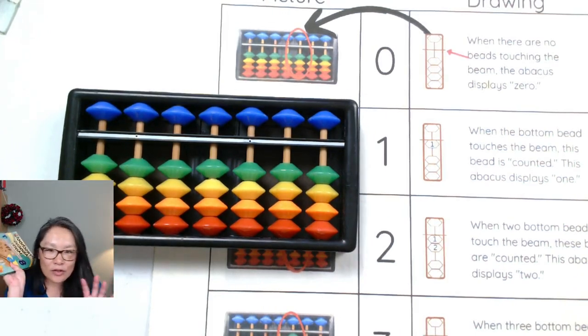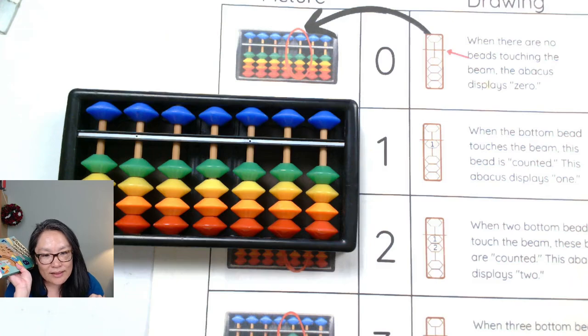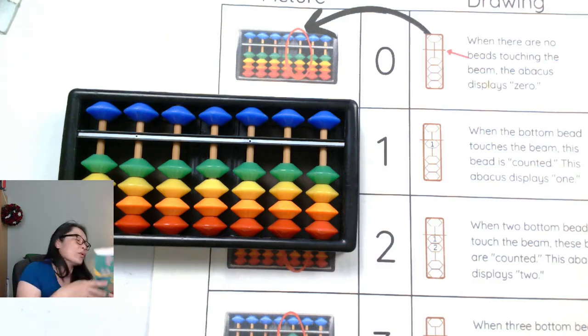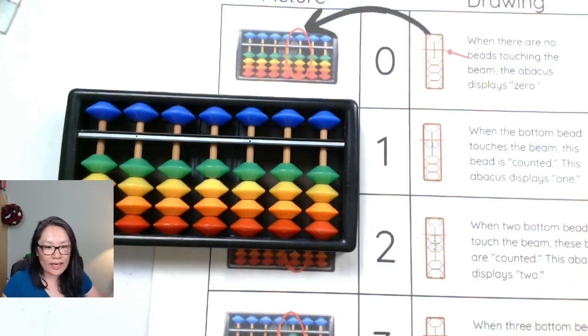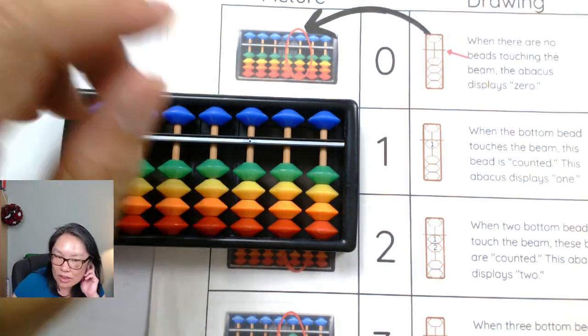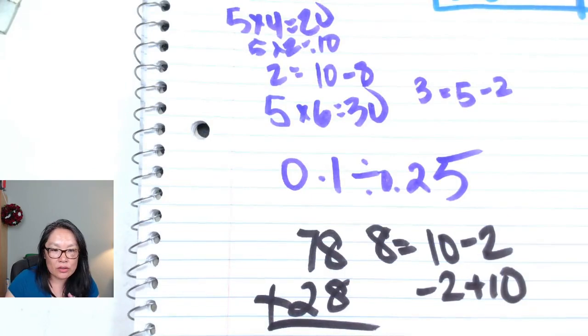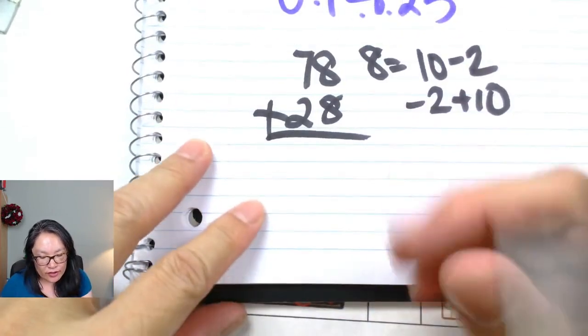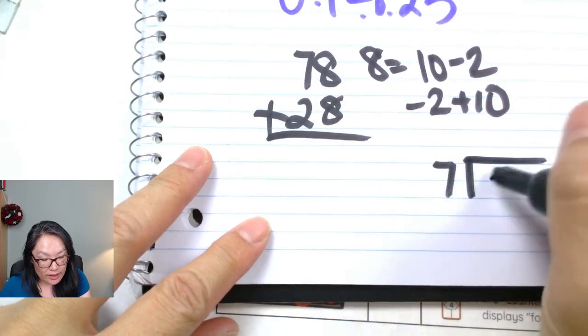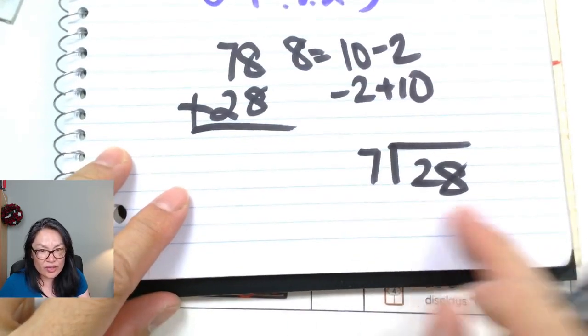Okay, so just so you know, plus 20, we could do it, but doing division, you still need to know. If we're doing division, which is 28 divided by 7, you still need to do this in your head.